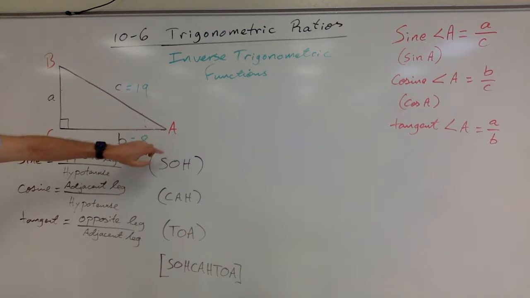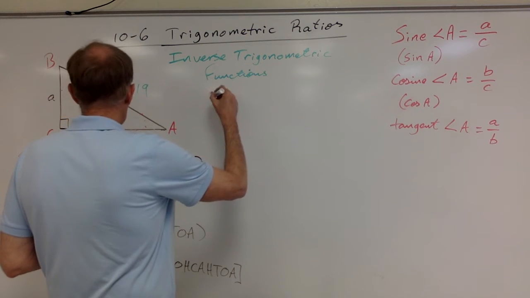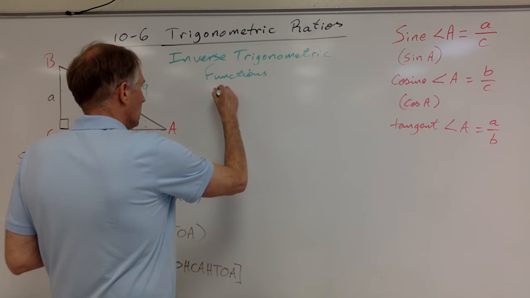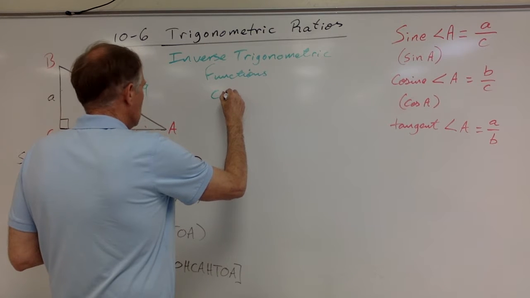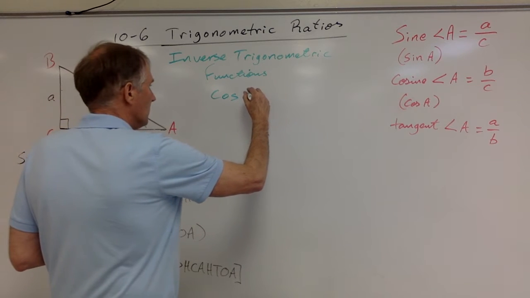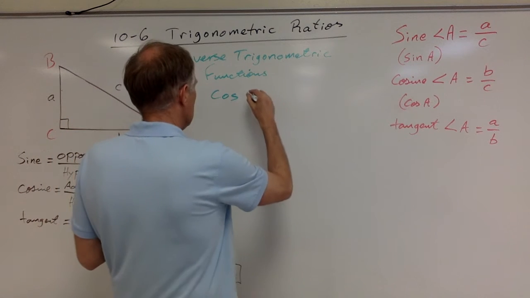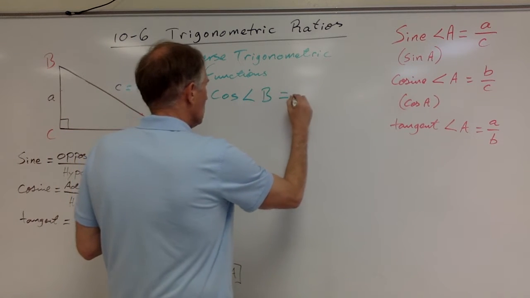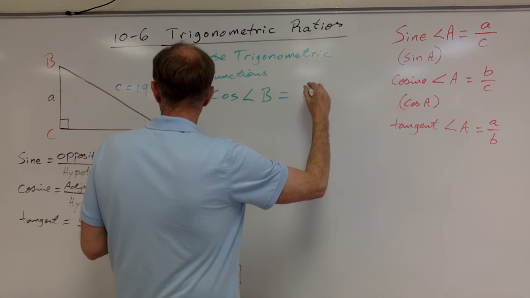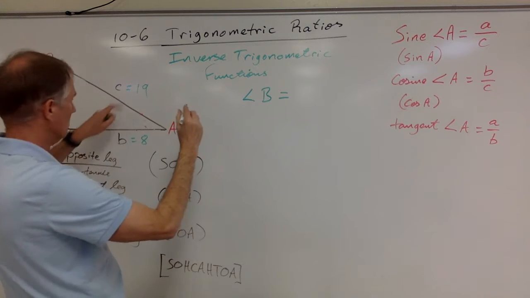So, for example, I've given you the length of B is 8 and the length of C is 19. And if I wanted to know the sine of angle B, I apologize, the sine.